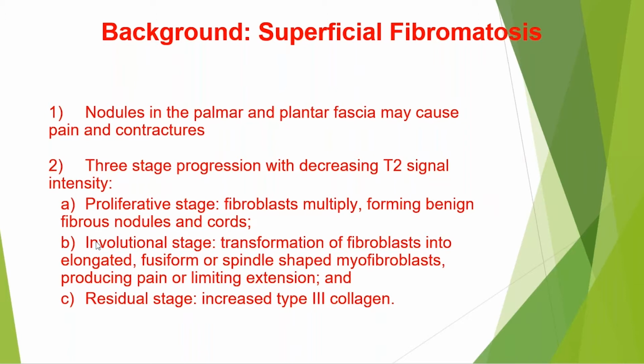We at Miami were looking at the division of the entity as nodules in the palmar or plantar fascia involving decreased T2 signal intensity. And this is in particular of the proliferative stage where the fibroblasts are multiplying, forming benign fibrous nodules and cords, and of course beginning to lay down the collagen.